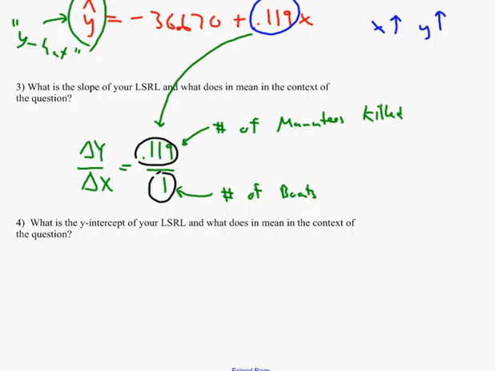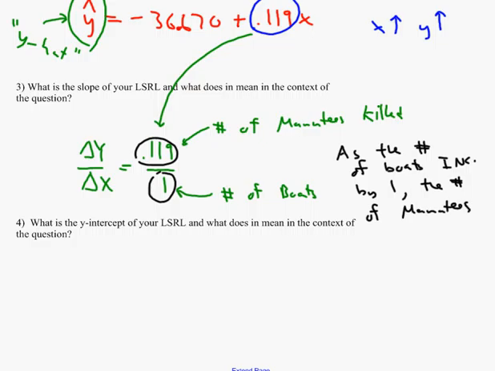What this is saying is, as the number of boats increases by 1, the number of manatees killed increases by 0.119.